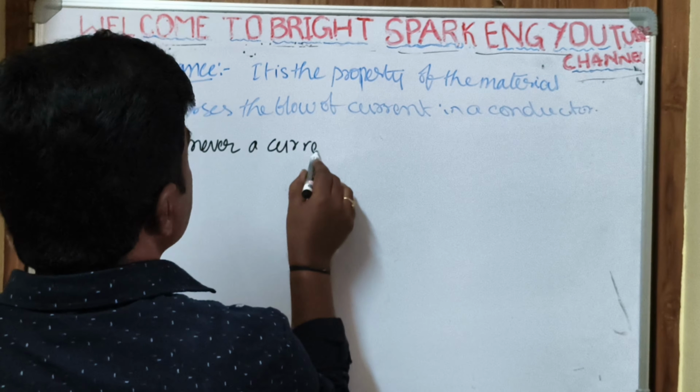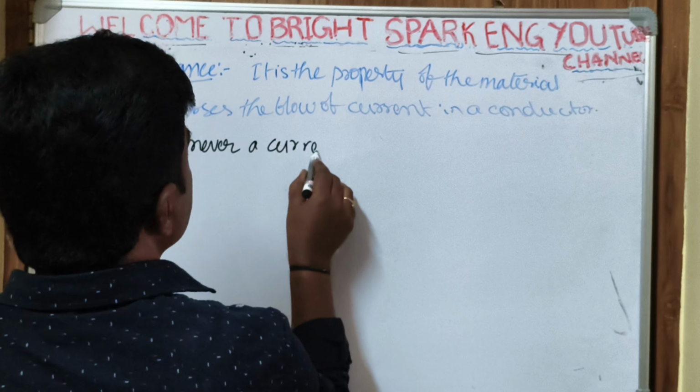At constant temperature, this is Ohm's law. Here 1 by R is G, so I is equal to GV.